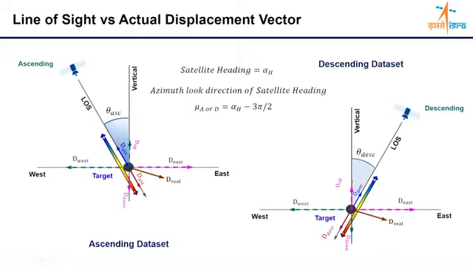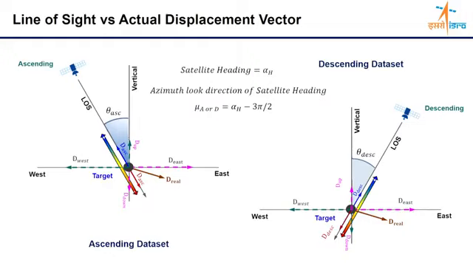This is called the satellite incidence angle. Now we will try to understand how we can establish a relationship between the line of sight deformation and the different components of the real deformation vector.